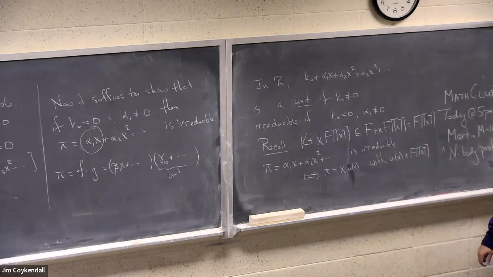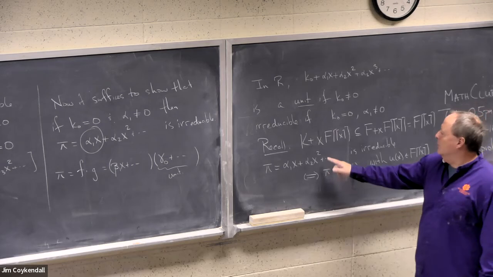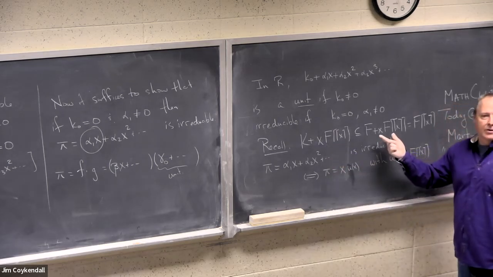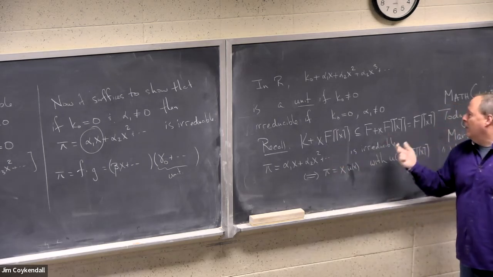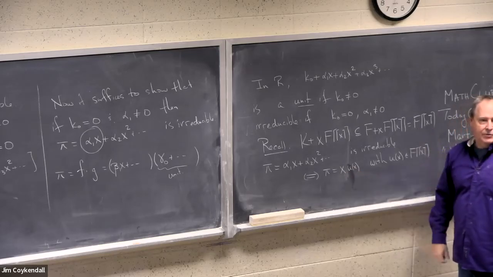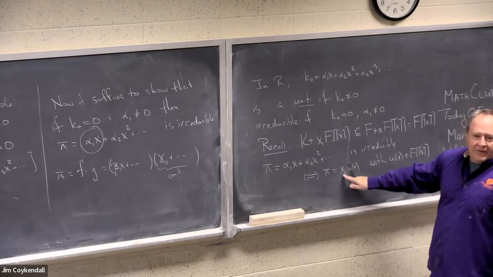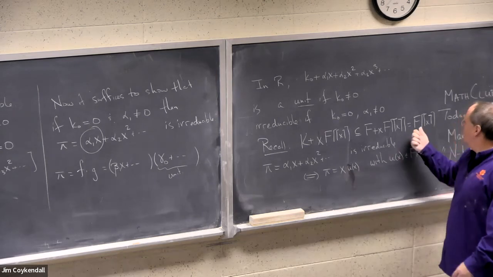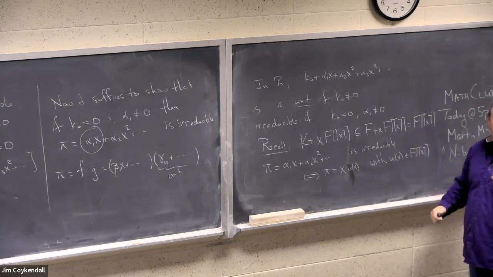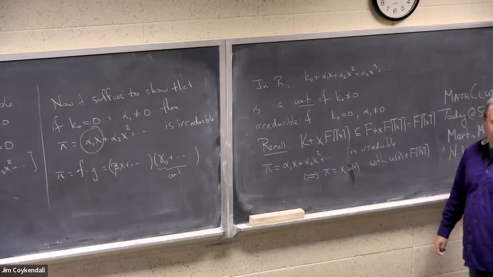This will be convenient because what this means is any irreducible down here can be thought of as x times a unit from upstairs, right? Because notice, once I've got that x there, I can multiply it willy-nilly by anything in the power series ring, because I'm allowed to have coefficients from the power series ring up there.